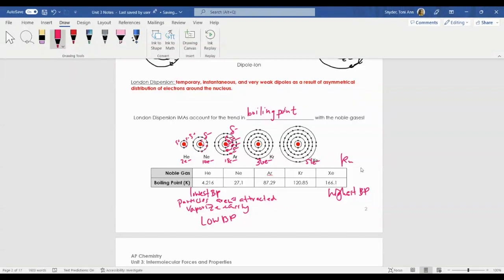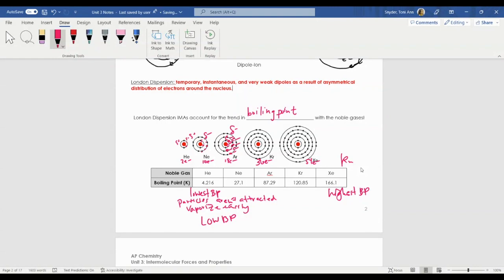And radon has, I don't have a periodic table close by, but it definitely has more. I think it's like 80-something electrons. We would expect that radon would have an even higher boiling point because those London dispersion forces are even stronger. The more electrons means the stronger London dispersion forces.